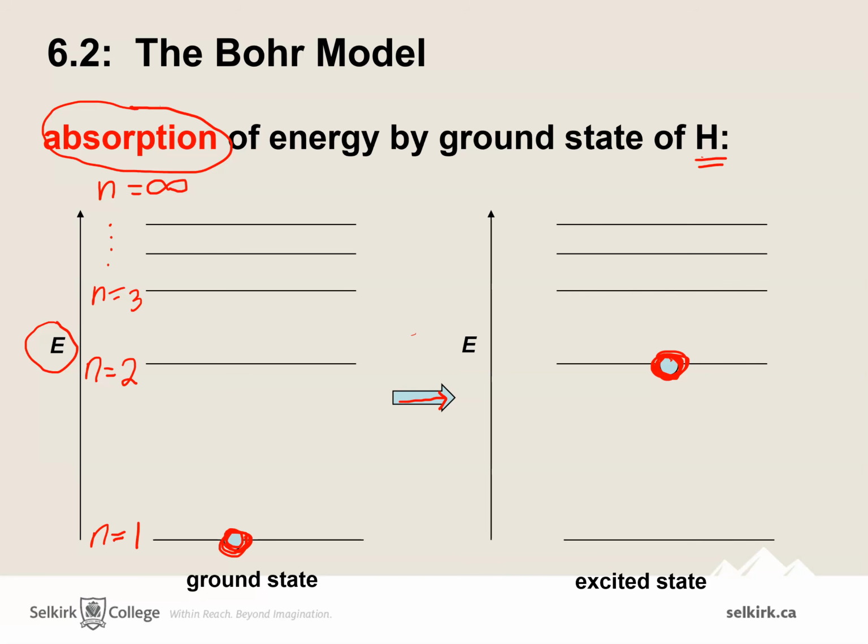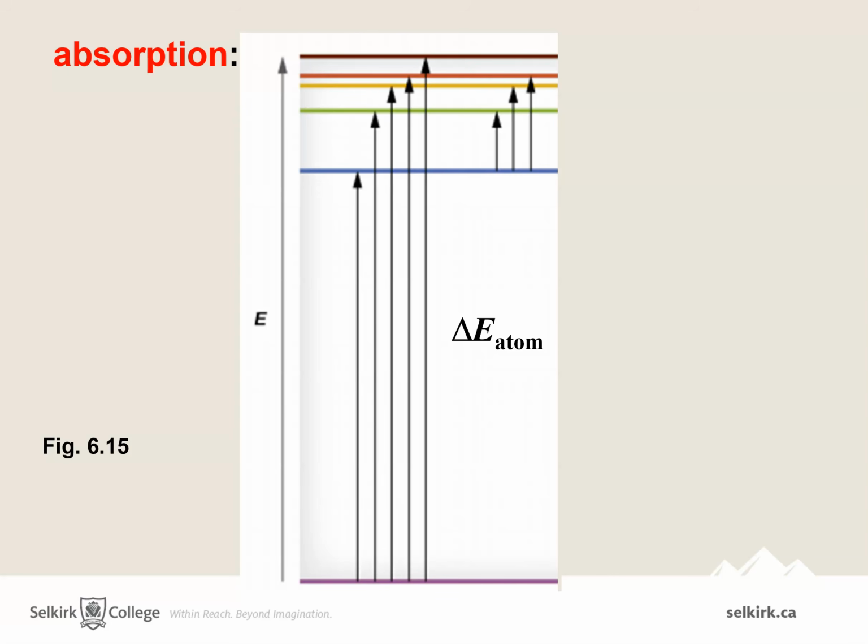Now, this is just showing a very simple case where a single hydrogen atom absorbs exactly the right energy to go from the first energy level to the second energy level. But in the real hydrogen lamp, there will be many different atoms getting excited at the same time.